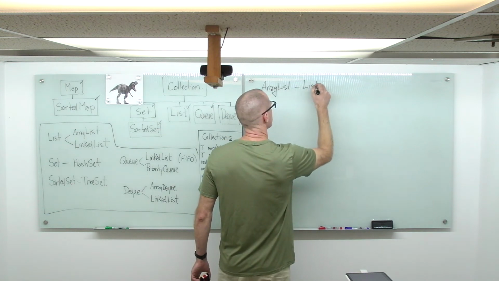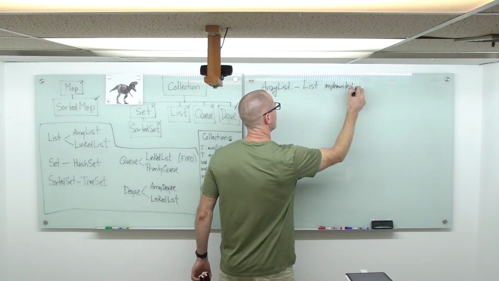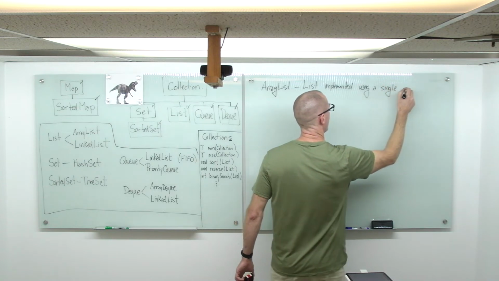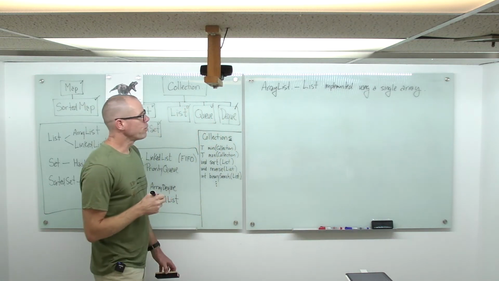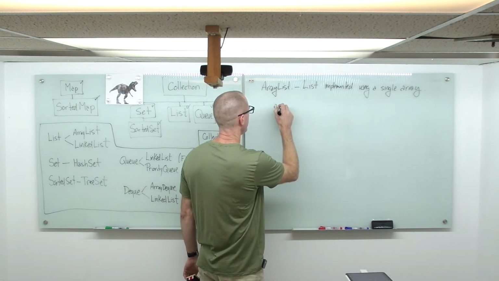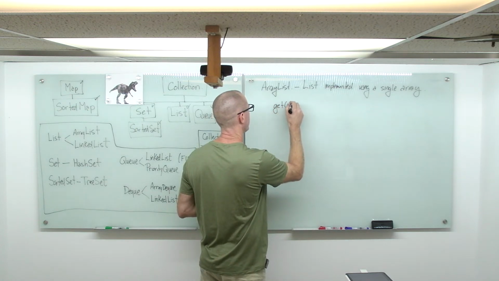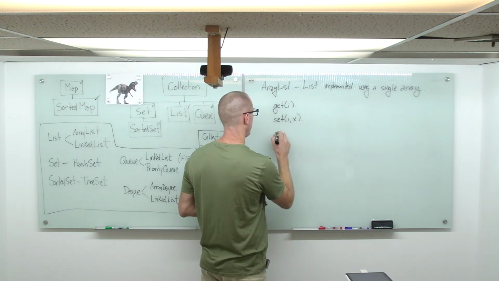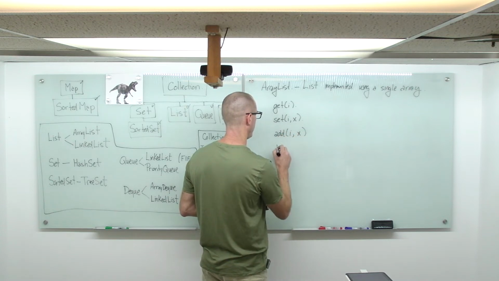This is a list implemented using a single array. And this is a fairly natural thing to do. Remember, a list has a few operations. The easy ones are get and set. And then there's add and remove.